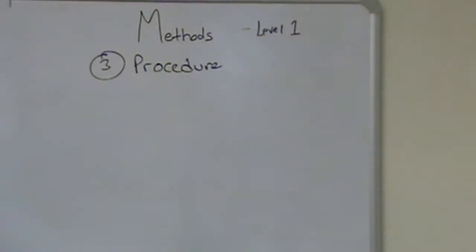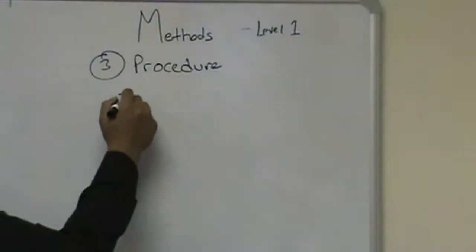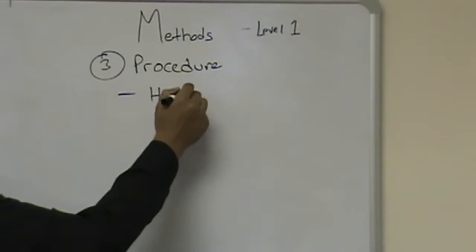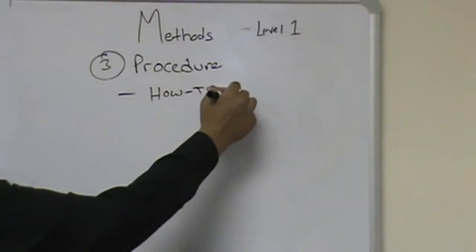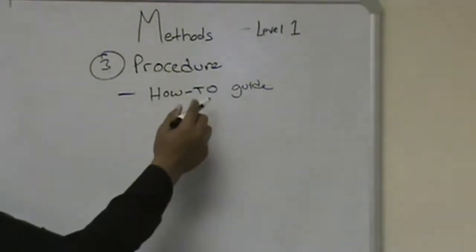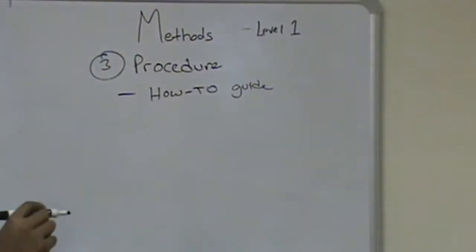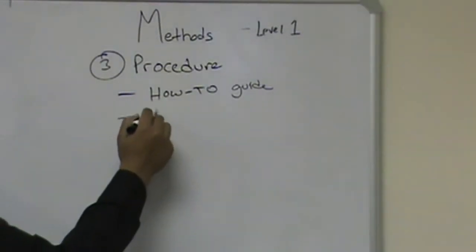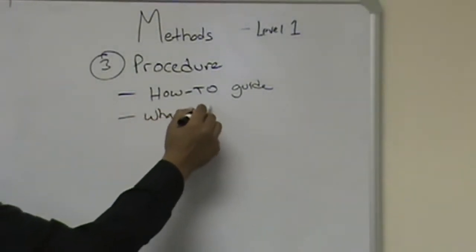Now, you want to make sure that this is the definitive how-to guide for the reader. You give the reader a how-to guide, exact, precise, as much as you can with regard to detail, to what the procedure was, what the participants did. So that's the thing that you should keep in the back of your mind.